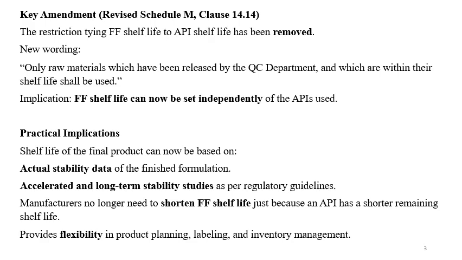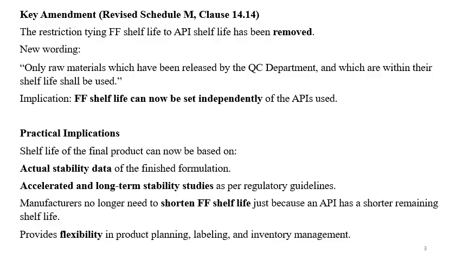And what will be the practical implication? Shelf life of the final product can now be based on the actual stability data and the stability study data available: actual stability data of the finished formulation, accelerated and long-term stability studies as per the regulatory guidelines.